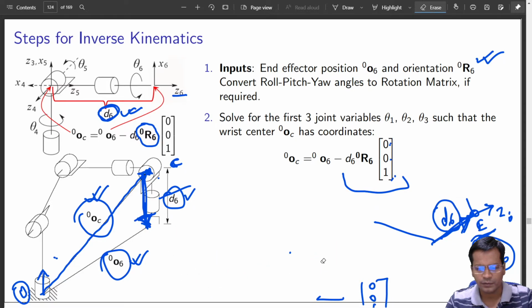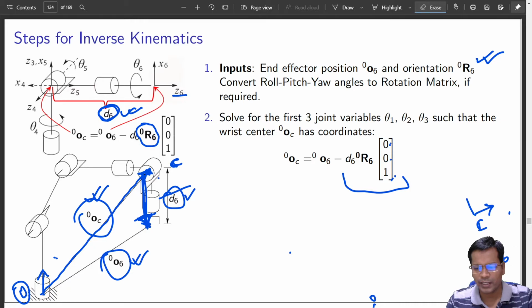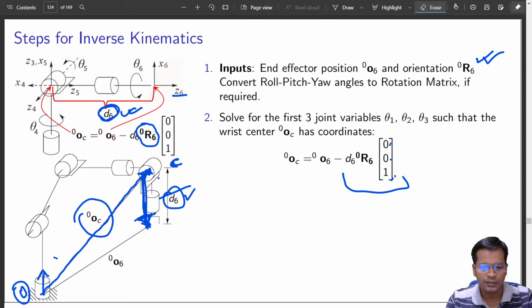That means with the given end effector orientation and position of the end effector given by 0O6, I calculated this one, 0OC. If you know 0OC, that means now it is a 3 degree of freedom spatial robot. You know this point.